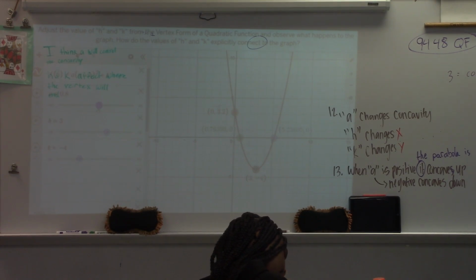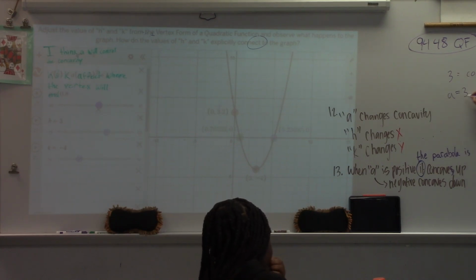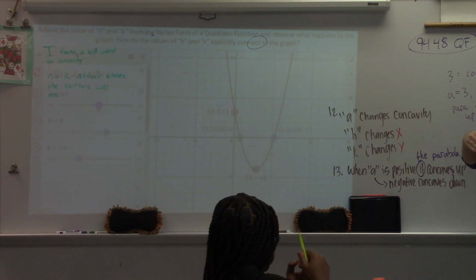That's not accurate. What is 3? The H. But what determines concavity? The A, right? So in this case, A would equal 3, so the parabola is concave up, right? Be careful with your language, because 3 is a number. 3 is not concavity. 3 is a number, so that is different than concavity. It just tells us what the concavity is.